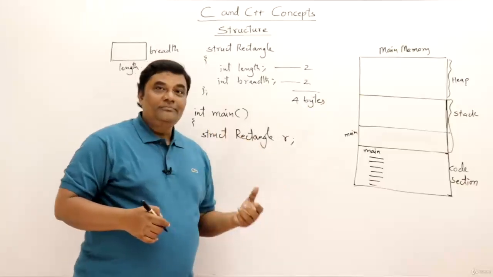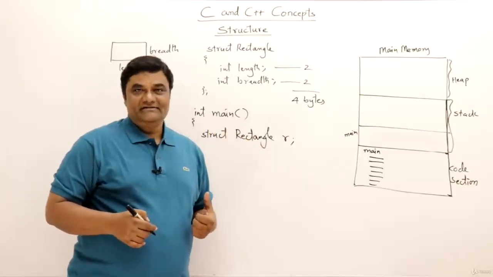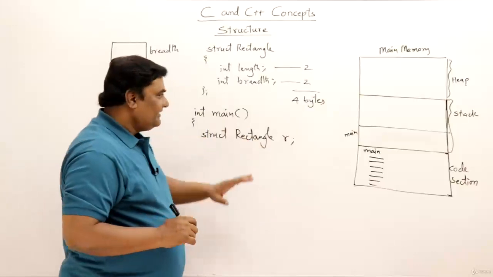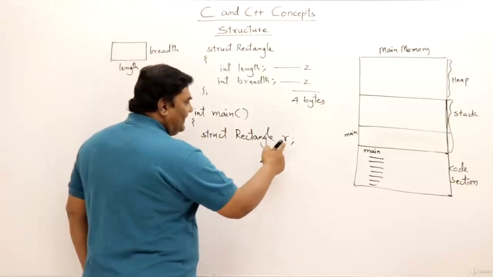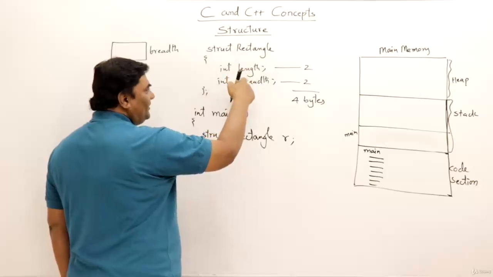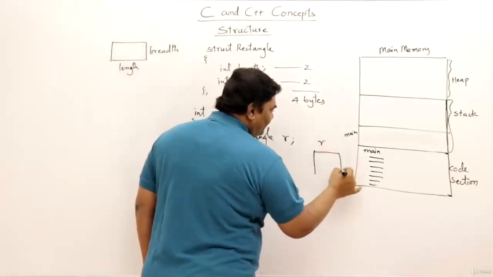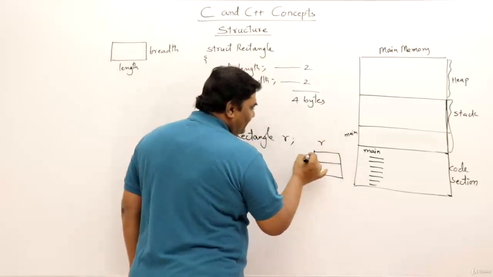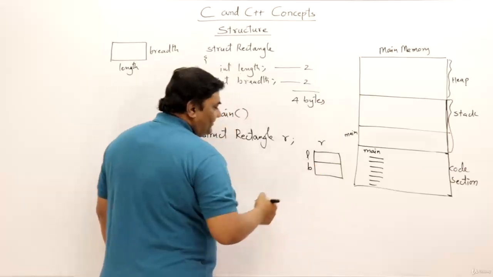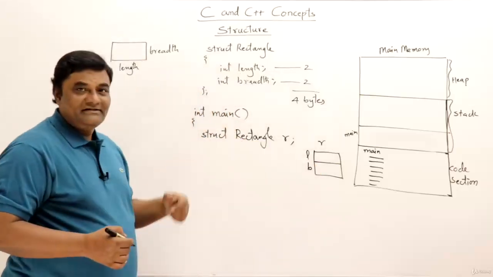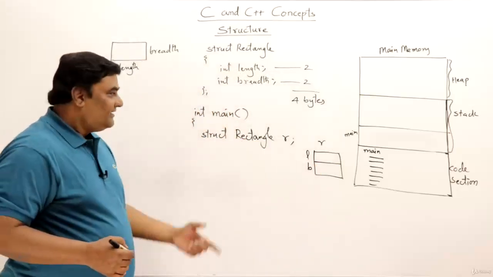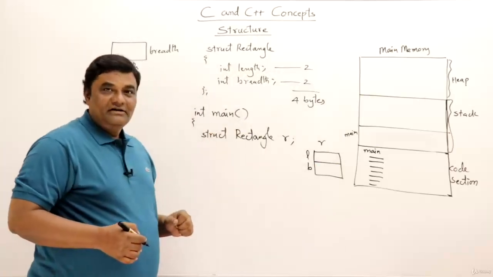Now this R will occupy memory space, right? It will be created in memory. R is of type rectangle, so it has two members, length and breadth. R will occupy a total of 4 bytes, the first 2 bytes for length and the next 2 bytes for breadth. So yes, it is occupying memory. This is the method of declaration.